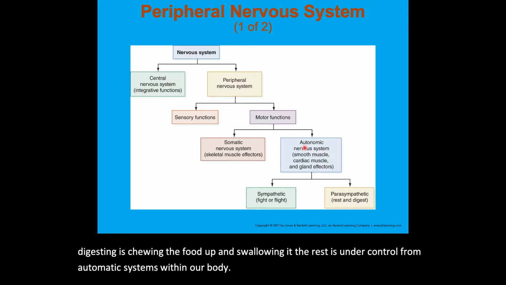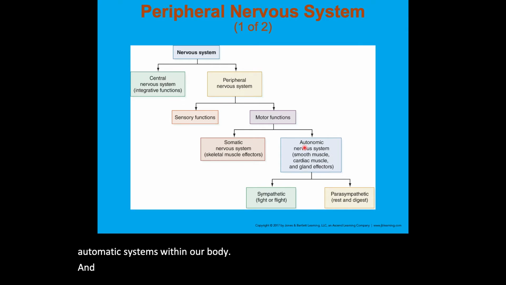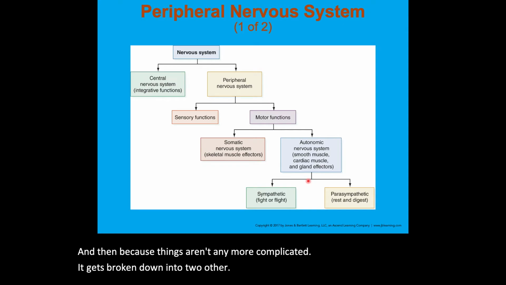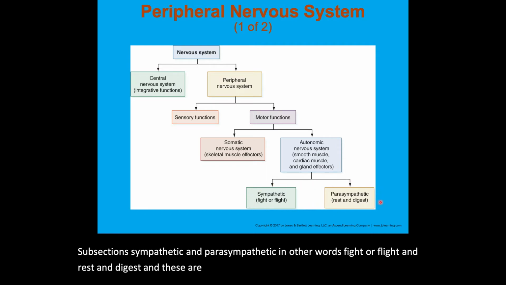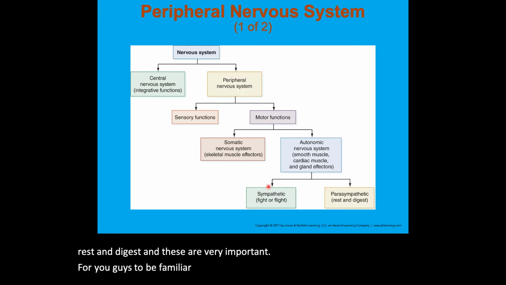And then, because things aren't any more complicated, autonomic gets broken down into other subsections: sympathetic and parasympathetic. In other words, fight or flight and rest and digest. And these are very important for you guys to be familiar with. And we're going to break these down and how they will work together with each other, so don't panic.